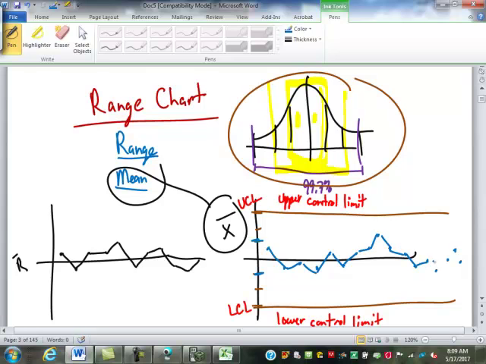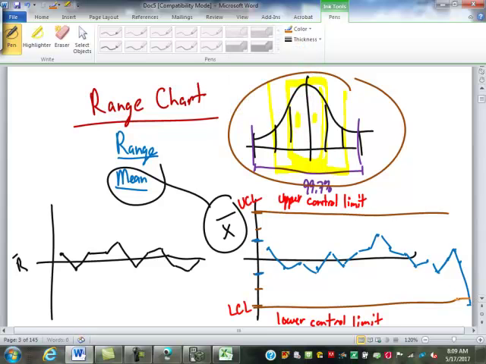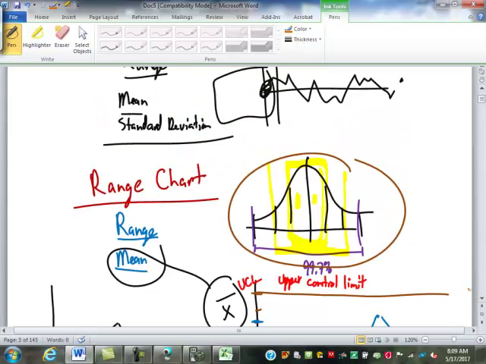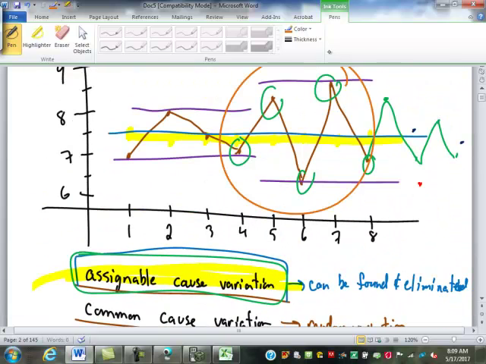And we may occasionally get a point that jumps outside of those control limits. Just like we said up above when we saw this pattern here, we're not going to shut down the process yet, but it puts us on alert that we better be watching closely.